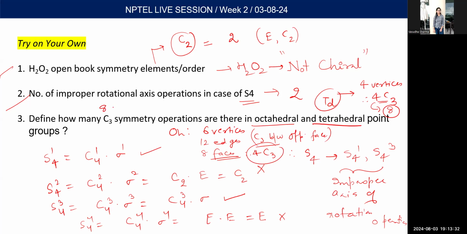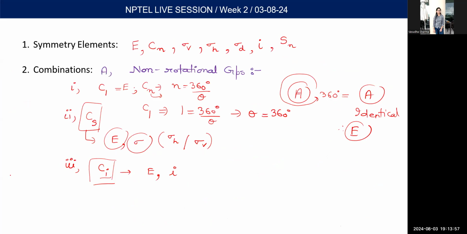So therefore 8 C3 operations for octahedral as well as 8 C3 operations for tetrahedral. So you can just try and find this out by yourself to be on the safer side. This also we have discussed in the class itself. Moving ahead, this was a repetition and discussion about the previous lecture.